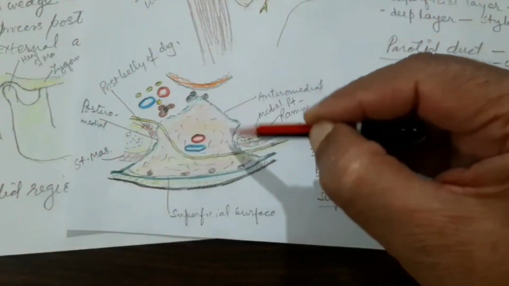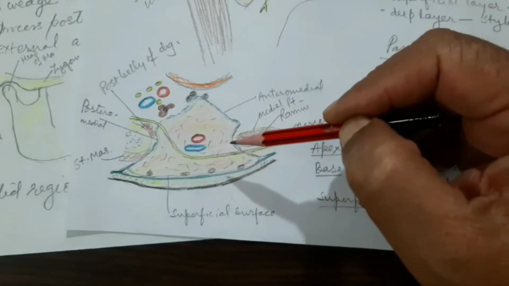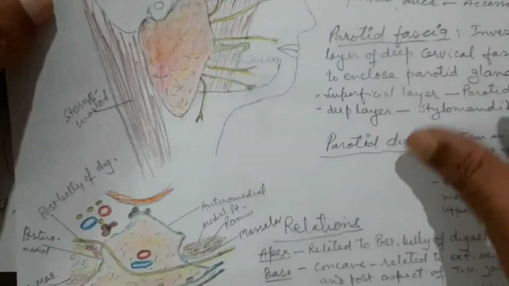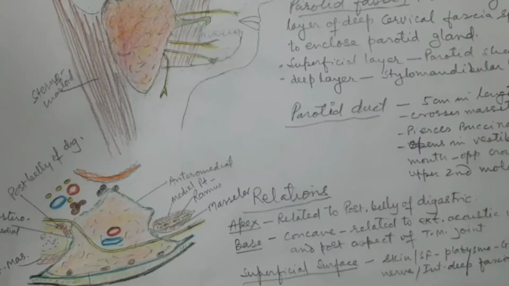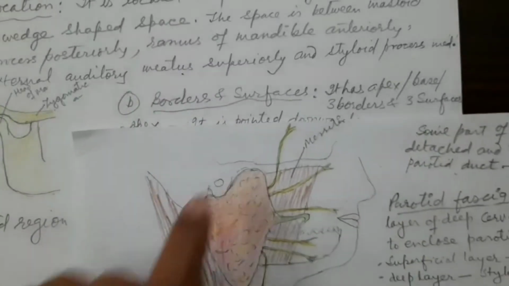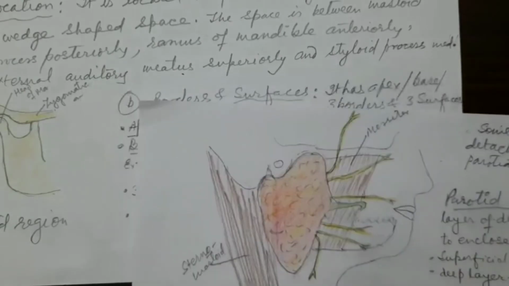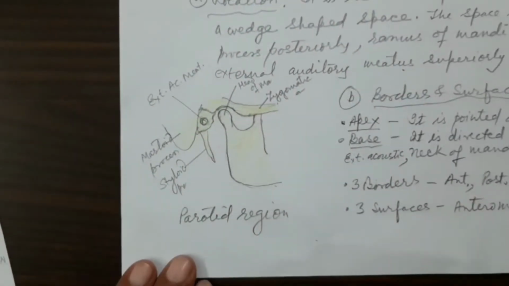So you must have realized by this time that the parotid is just a mass of gland filling the space. There is no definite or regular structure of the parotid. What I have told you is that it has an apex, which is here, lower down, and a base, which is facing here. I will show you first on this bony structure.